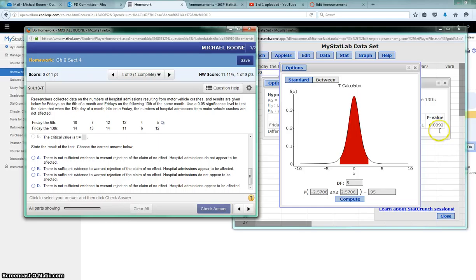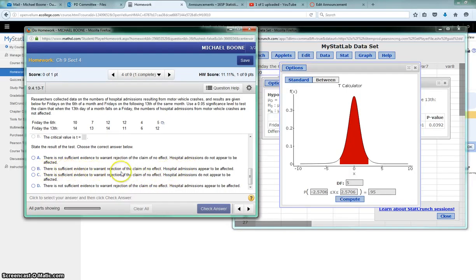Now again, look at our p-value, 0.0392, that's less than our alpha. That would tell us to reject. Using the classical approach, negative 2.7, that's over here in the rejection region, that would tell me to reject. So either way, I'm getting a rejection. So there is sufficient evidence to warrant rejection of the claim of no effect.